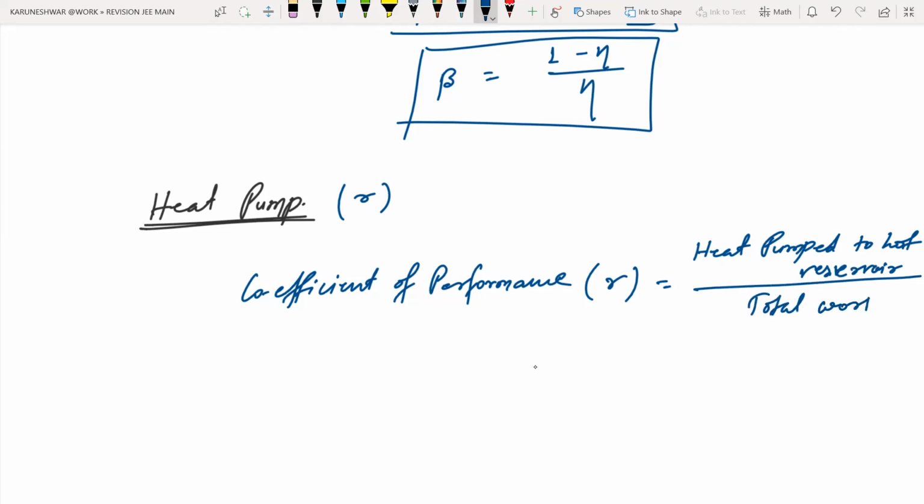This is what you need to remember, and we know what heat is pumped out to the hot reservoir. It is Q1. So it is Q1 by W.